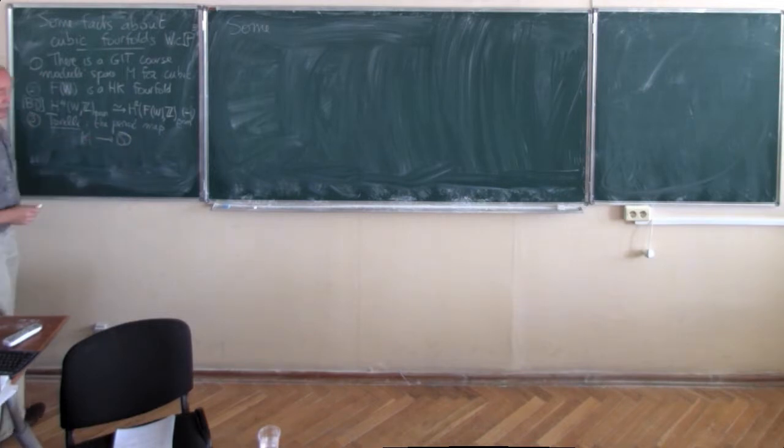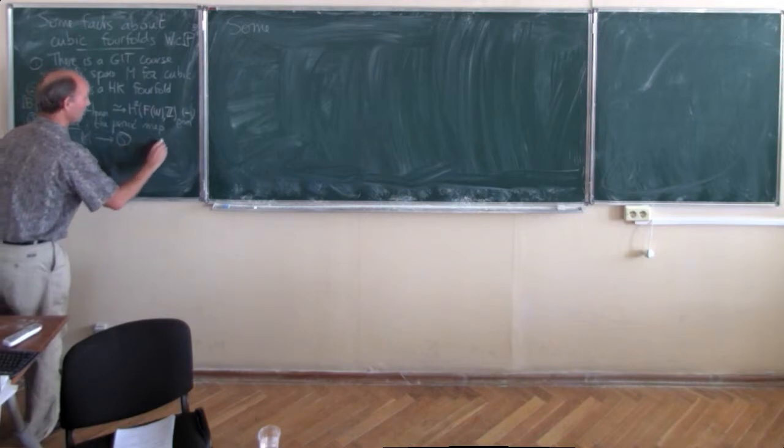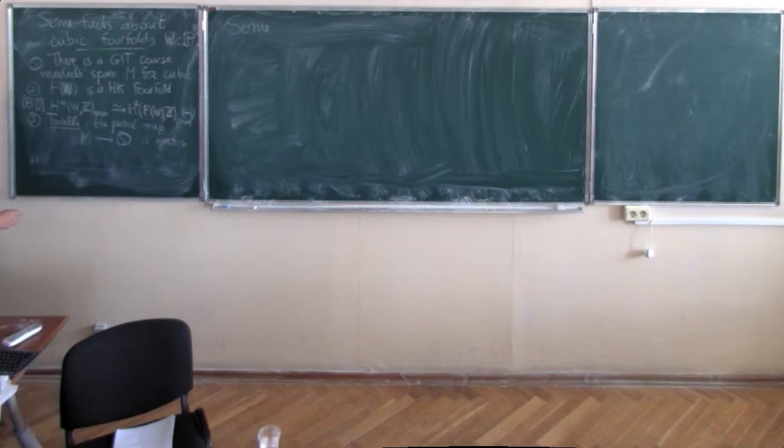So this is a quasi-projective variety with a canonical compactification called the Baily-Borel compactification. This map is injective. So there was a theorem, and moreover, you can read its image.